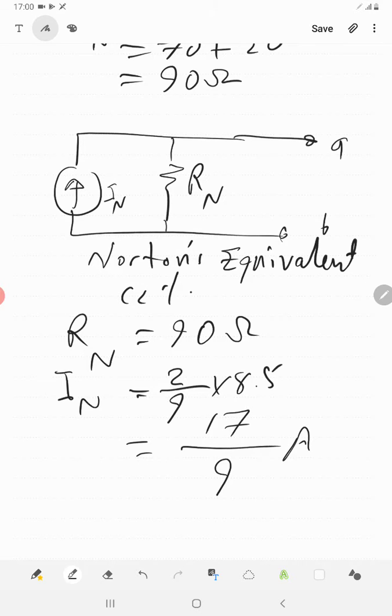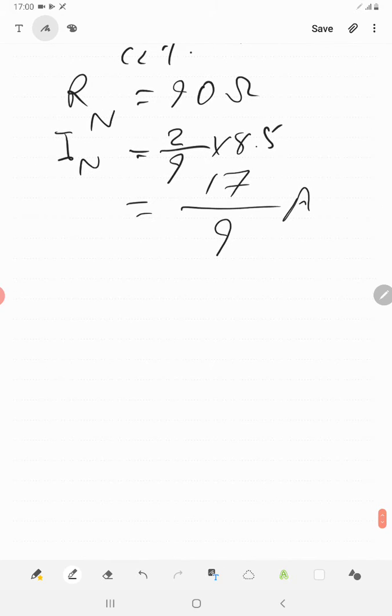Look at this. What is the relationship between Thevenin's and Norton's circuits?